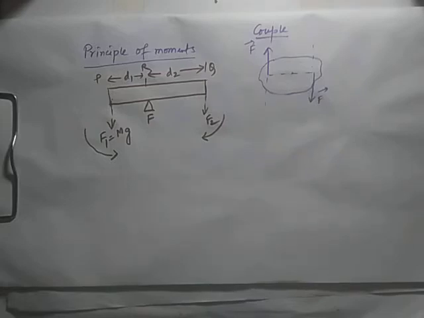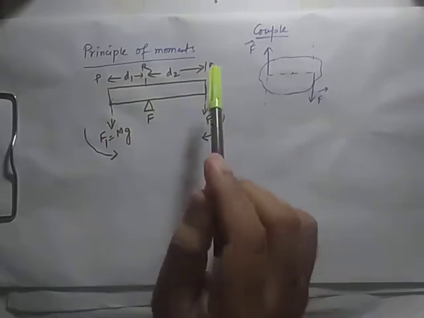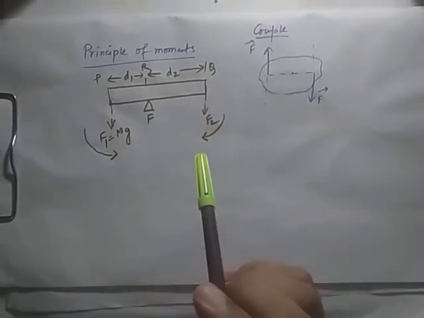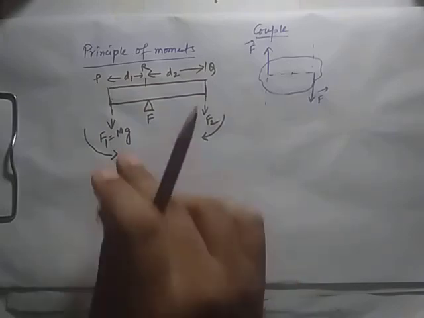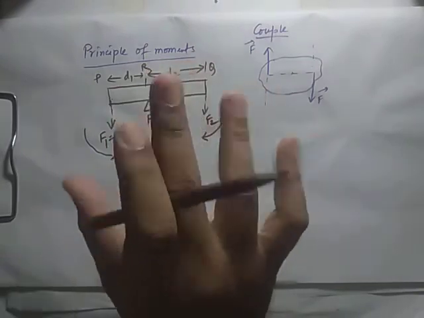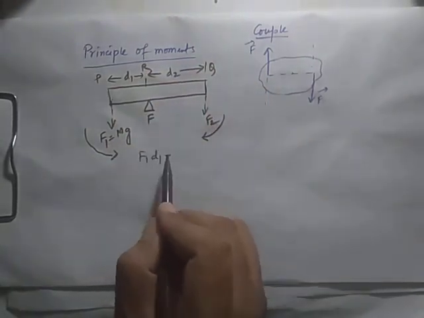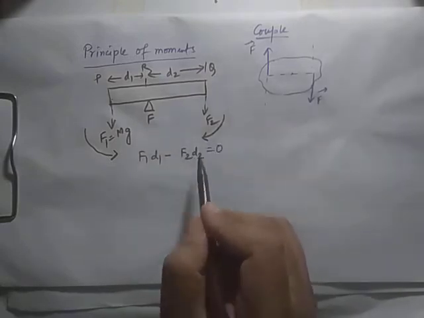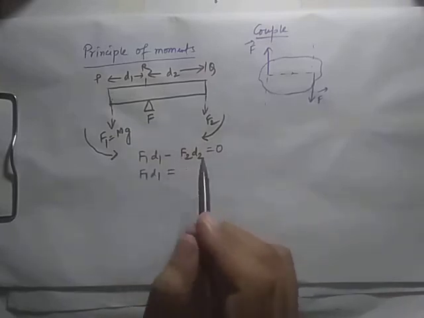The moment of the force, about this point called the fulcrum: F1 into d1 is this moment, and F2 into d2 is this moment. As it is balanced, the net is 0. So F1 d1 minus F2 d2 is equal to 0, so F1 d1 is equal to F2 d2.